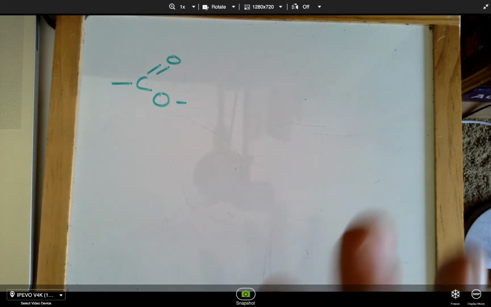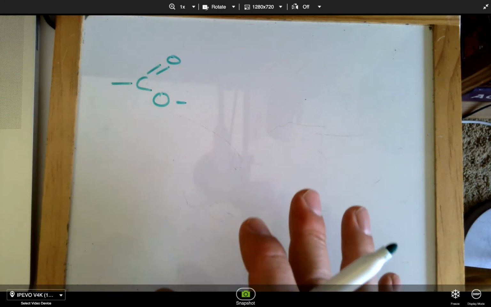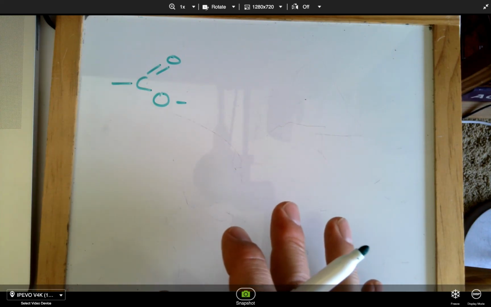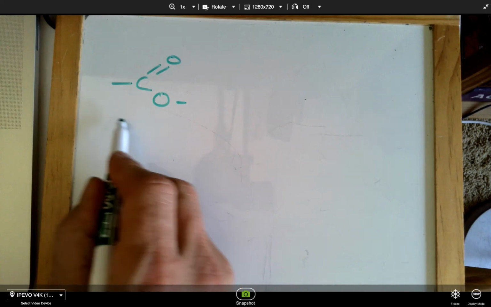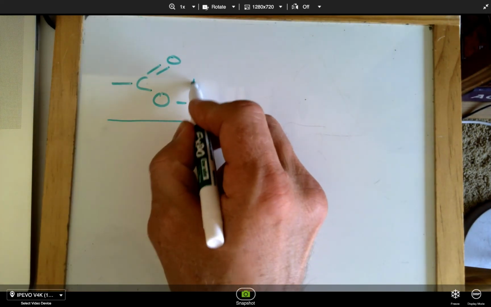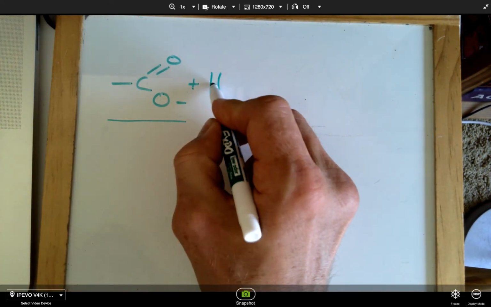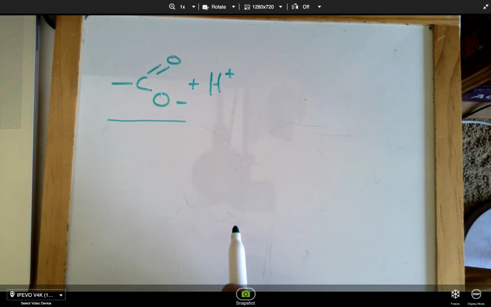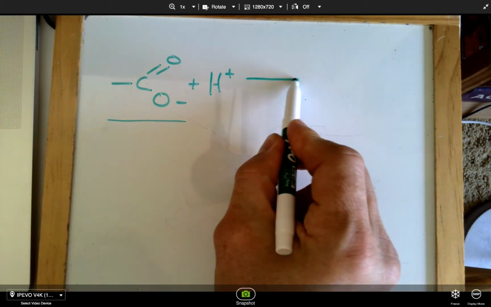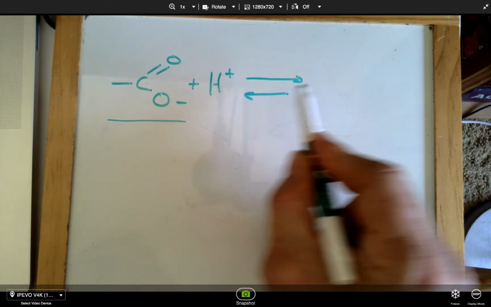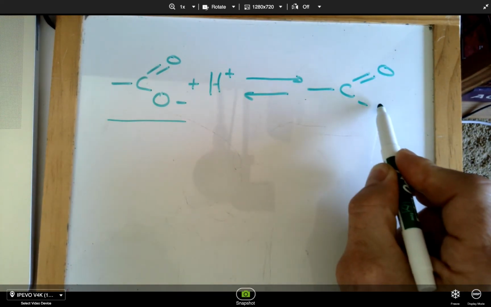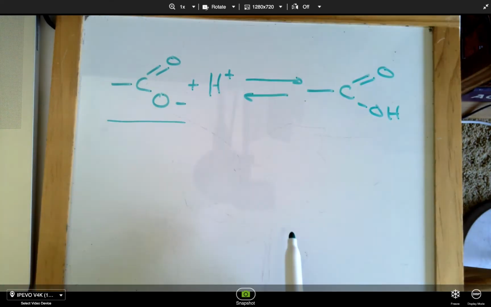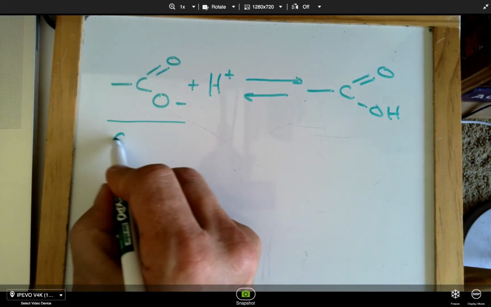But what did we learn about carboxyl groups? We learned that when you put them into an aqueous solution, they reach an equilibrium. Some of them exist like this, but some of them will grab a proton from the aqueous solution and become this. Right? This is the deprotonated state.